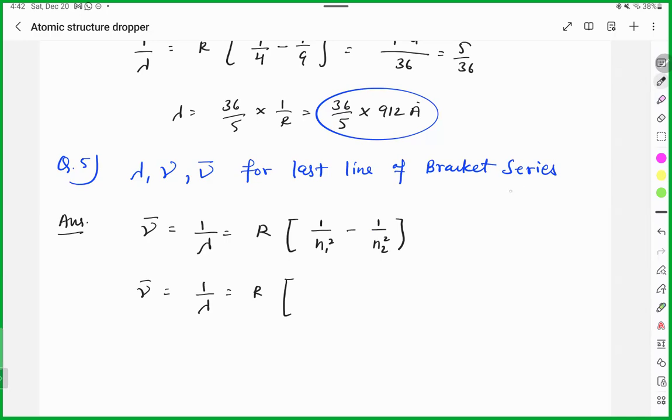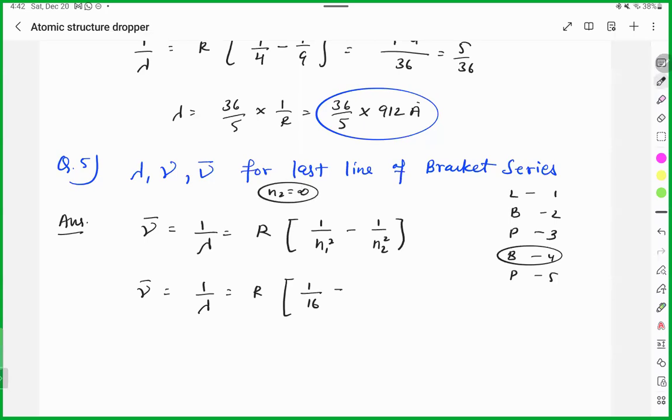See, Lyman says N1 value 1, Balmer 2, Paschen 3, Brackett 4, Pfund 5. So this is Brackett. It will be 4 squared, 16, and the N2 value is infinite in this situation.